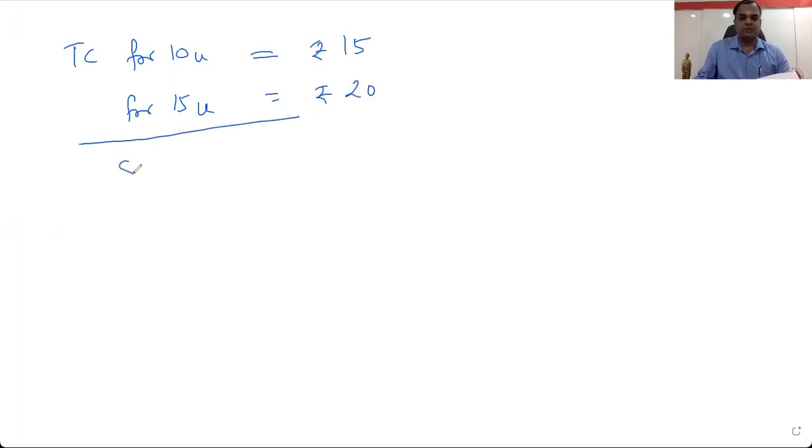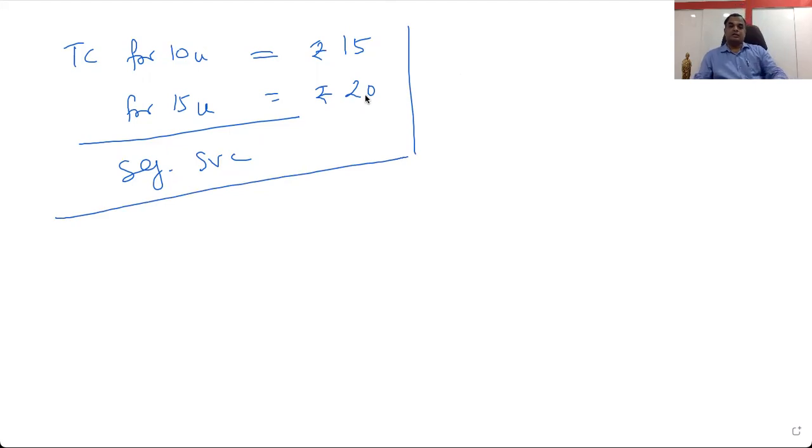We have to segregate this semi-variable cost, that is, identify how much is fixed cost and how much is variable cost. This is the question. The same format you can apply for segregation.